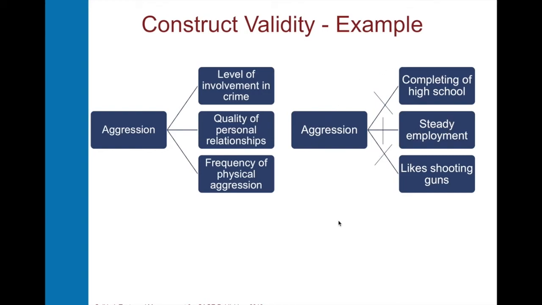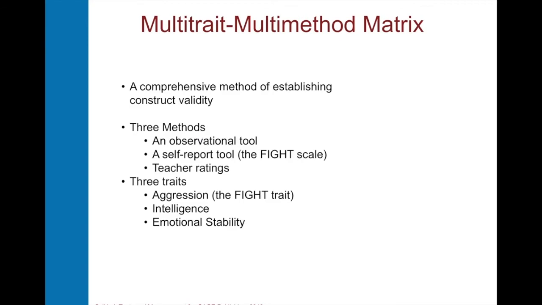So this is discriminant validity, which is a type of construct validity, and this is convergent validity, which is a type of construct validity. All right, so one comprehensive way to demonstrate construct validity is to use the multitrait-multimethod matrix.